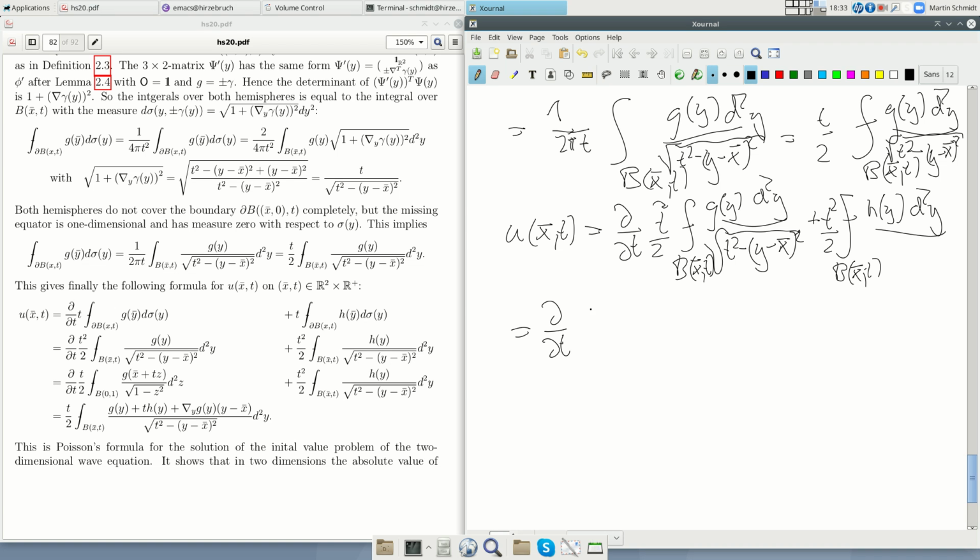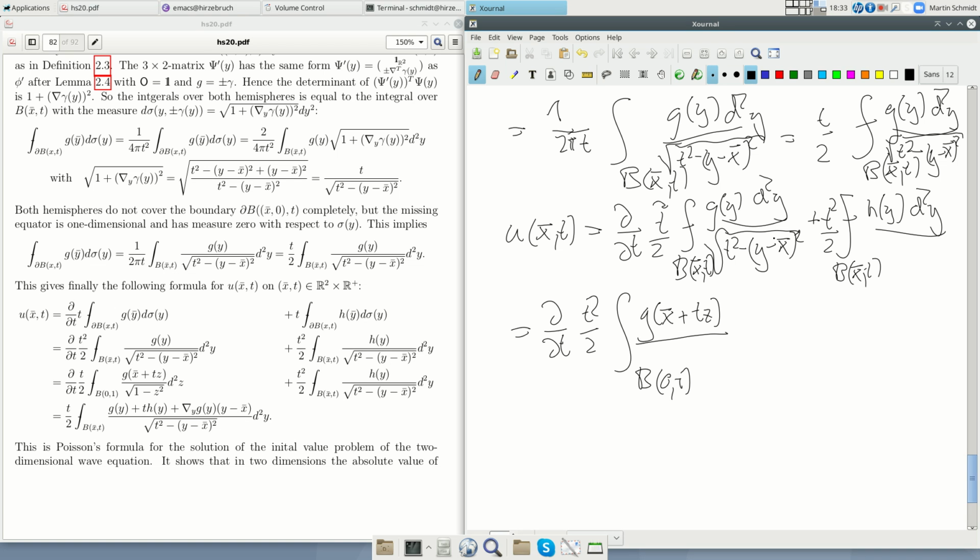So d by dt, then we have t square over 2, mean value over the ball of 0, 1. And then we have to, of course, insert g of x bar plus t times z.